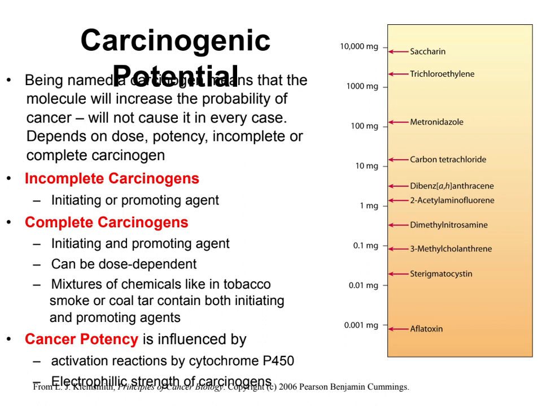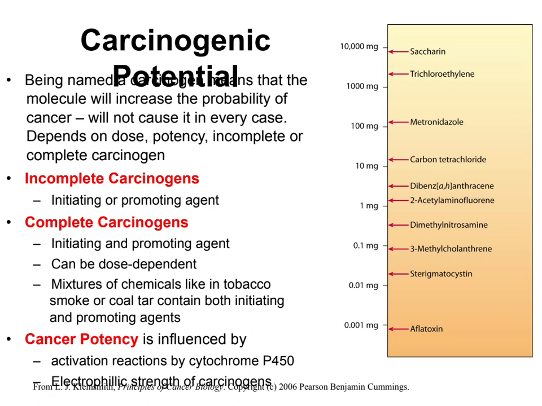We also have a couple of categories: incomplete carcinogens. These carcinogens act as an initiating or promoting agent. The key word is or. It does one or the other, but it does not have the full capacity to develop cancer all by itself. Complete carcinogens act as the initiating and promoting agent.